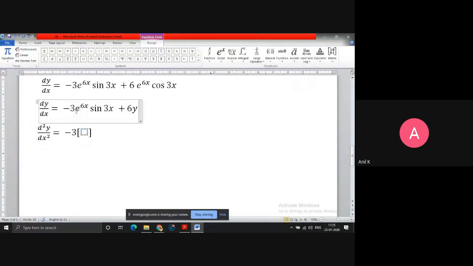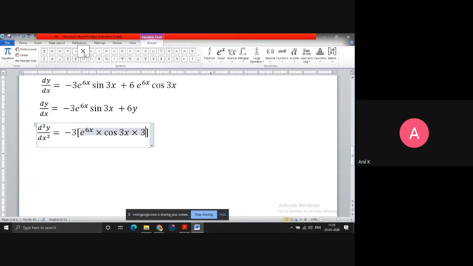Again I have to apply the uv formula here. I'll take u as e power 6x, v as sin 3x. So u into derivative of sin 3x. Derivative of sin 3x is cos 3x into derivative of 3x, which is 3.